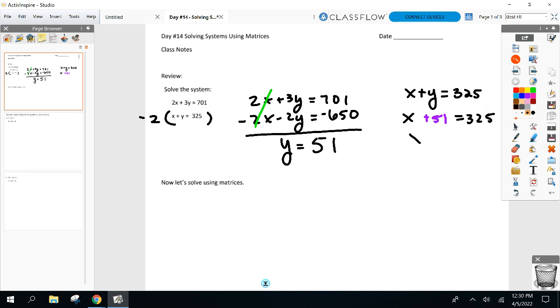And go ahead and move the 51 over. What are we looking at for x? 274. All right? A little old school way of doing that.